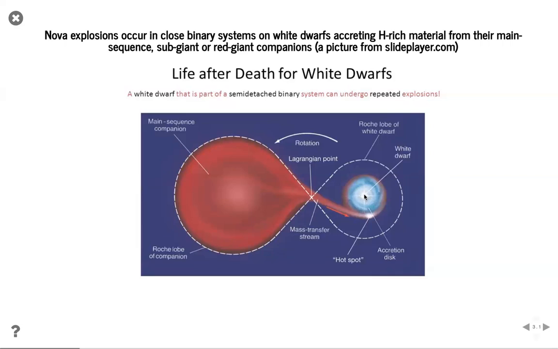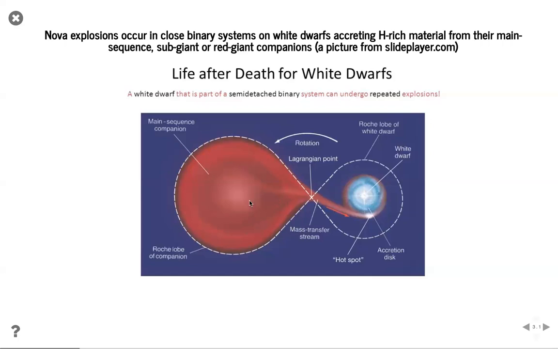They can exchange material, and this is what's happening in classical nova closed binary systems. So you can see here on the left the companion, the secondary star in this closed binary system, is a main sequence star.